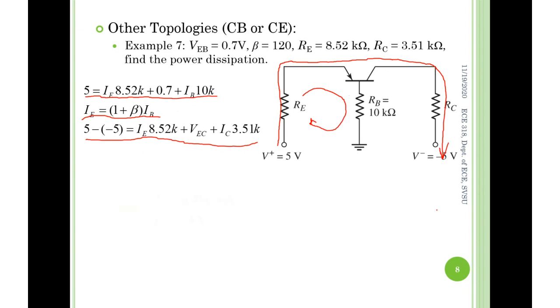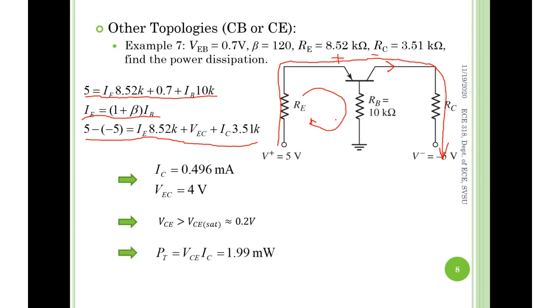Once you got IC and VEC, well, you know IC is the current flowing through the transistor. VEC is technically the voltage across the transistor. So the product between the two is equal to the power of the transistor.